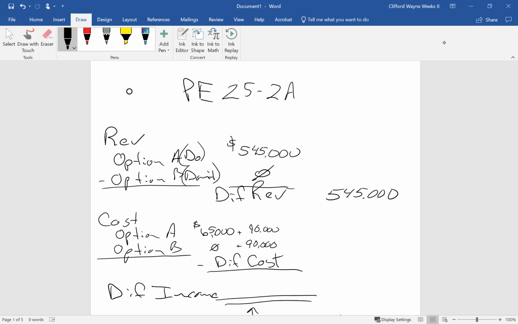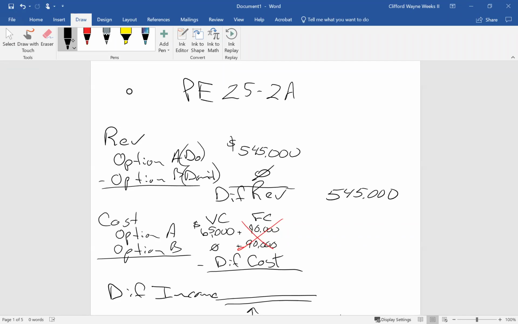If it's not relevant, do we include it? The answer is no. So we don't include this here. Really, this is variable cost, and this is fixed cost. We're only going to be looking at the variable costs when it comes to discontinuing this segment, and hopefully you remember that.